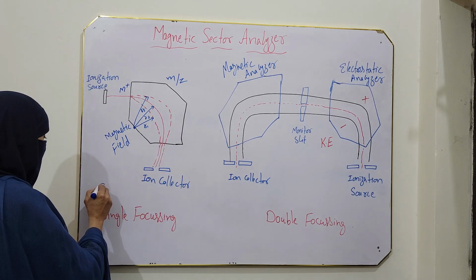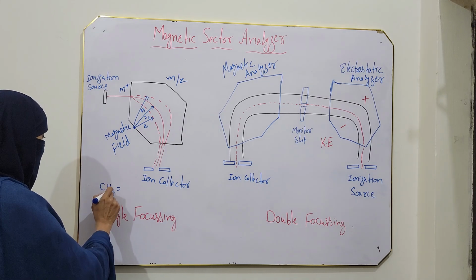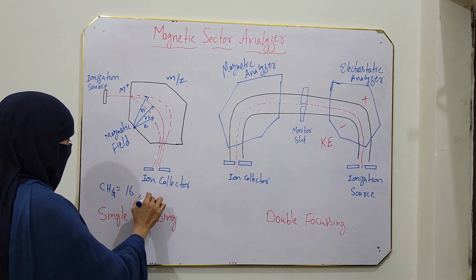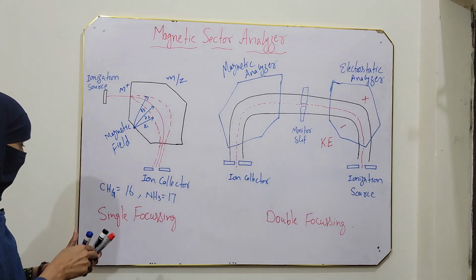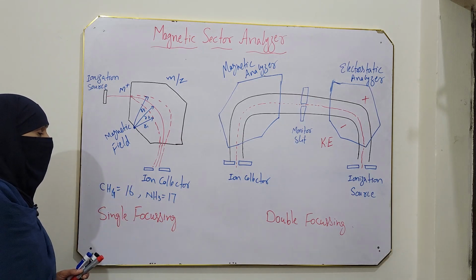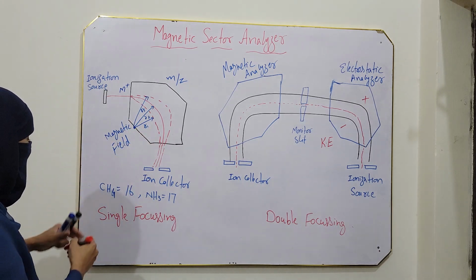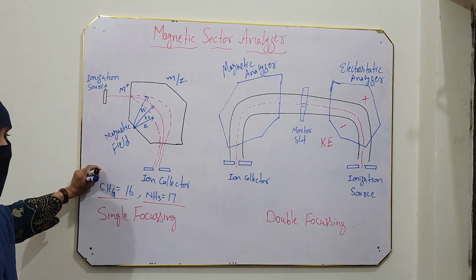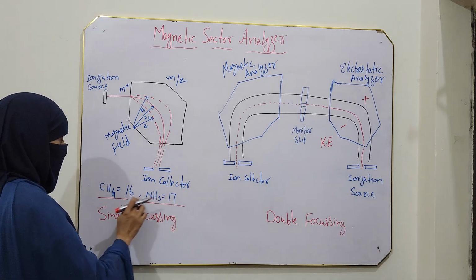For example, we have methane, CH4, its mass is 16, and NH3, its mass is 17. The difference in their mass is equal to 1, meaning at least a unit mass to charge ratio difference is necessary. So this type of analyzer can separate these two compounds, methane and ammonia, because they have at least a unit mass to charge ratio difference.